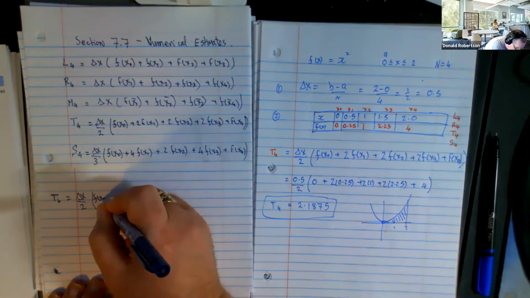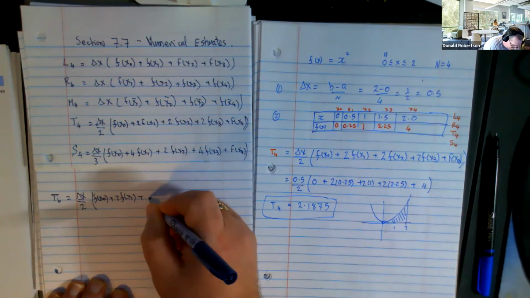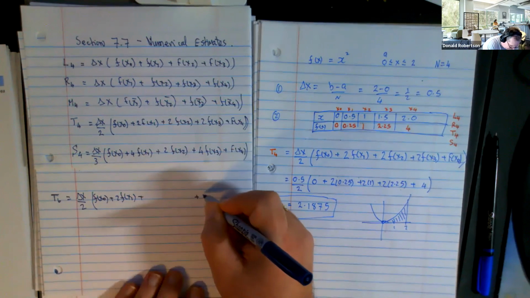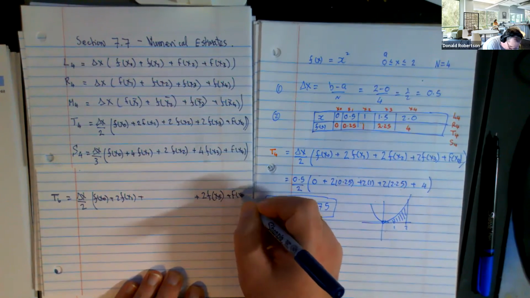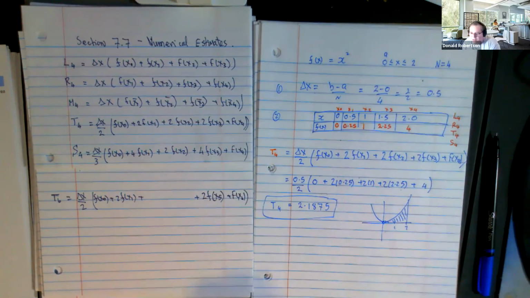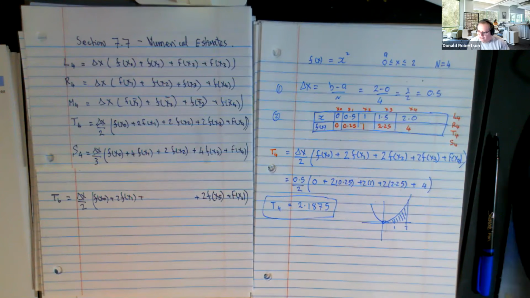And it's always 1 of the first guy, 2 of the next one, 2 of the next one, 2 of the next one, 2 of the next one, 2 of that guy, and you finish with 1 of the last guy. Does that kind of make sense that you can adapt the formula to 5 strips, to 6 strips, good gracious, 8 strips? You comfortable with that?